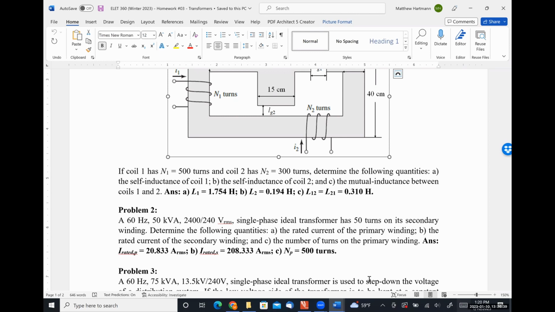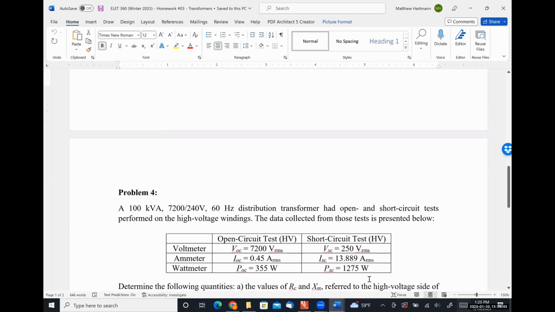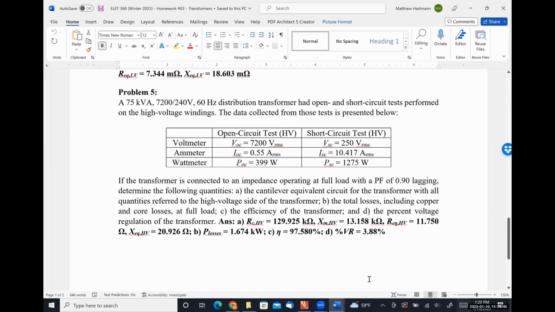All right. So problem 5. This is literally the exact same thing as we did in the example problem earlier today. I'm kind of feeling lazy, I don't want to do it.